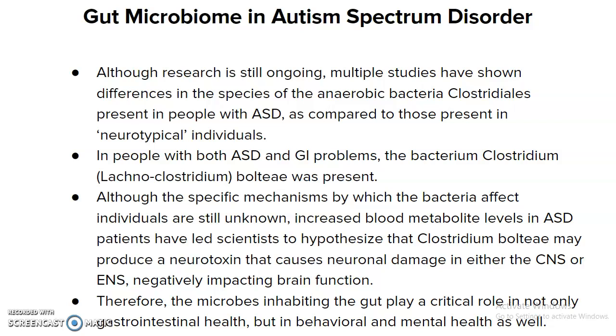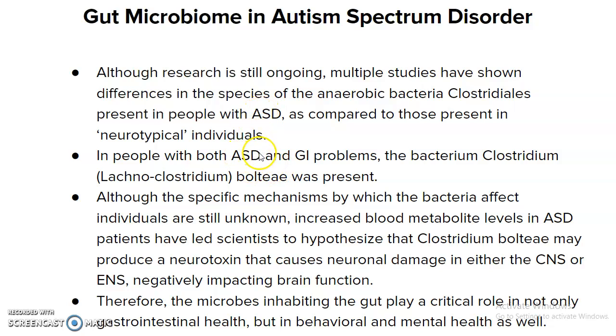And compared to these neurotypical individuals, there are studies that have shown that there's a difference in the presence of the anaerobic bacteria Clostridiales in people with autism spectrum disorder.